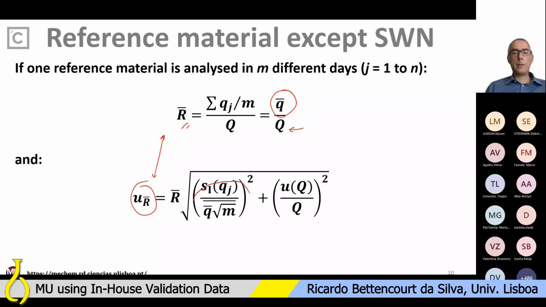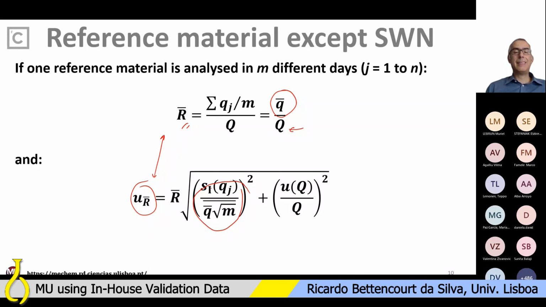This term is the relative percent standard deviation associated with the measured value, with the mean value, because we have this square root of m. So this is the intermediate percent standard deviation associated with the measured values, the mean of the measured values, divided by the square root of m, the number of measured values.